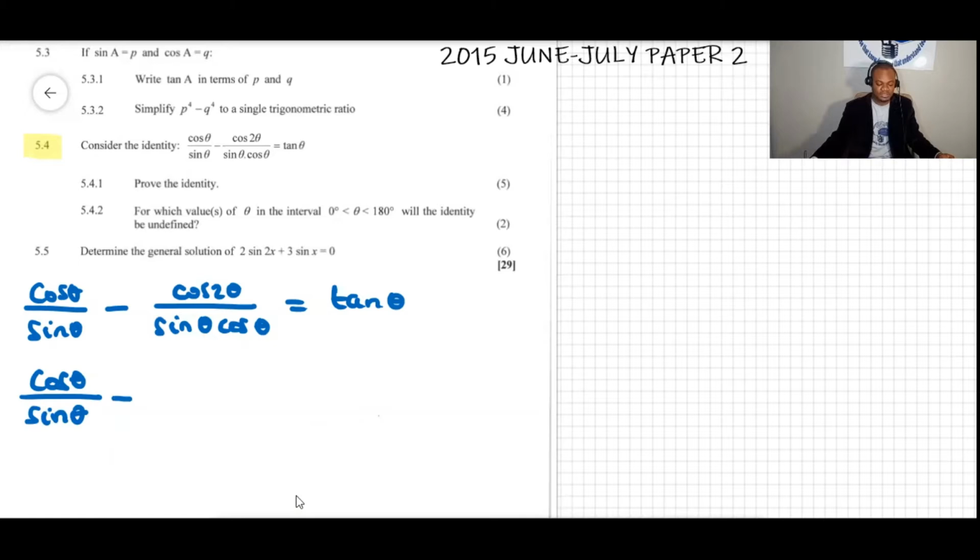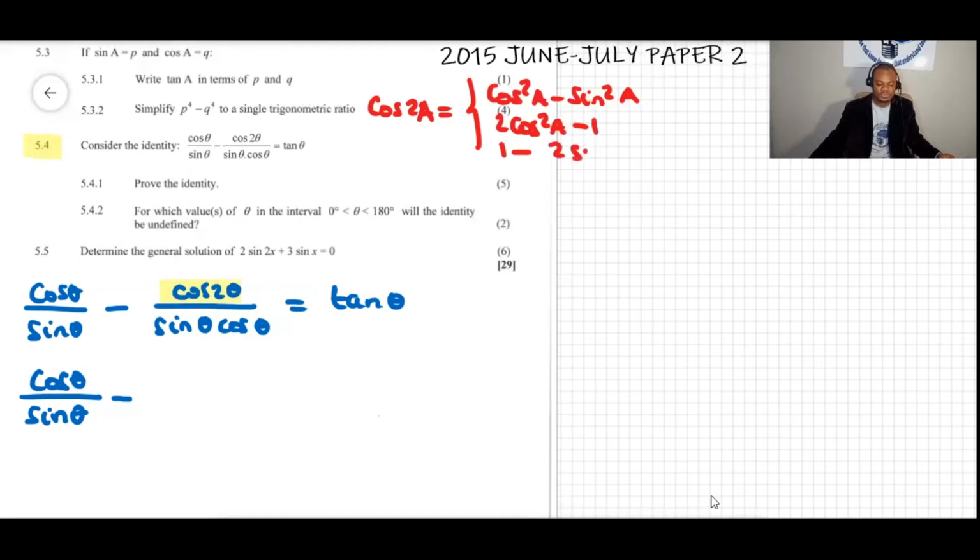But on the second fraction we have a double angle, so we can apply the double angle property, because we know that cos of 2A is equivalent to cos squared A minus sin squared A, or 2 cos squared A minus 1, or 1 minus 2 sin squared A. So we can use one of these formulas.